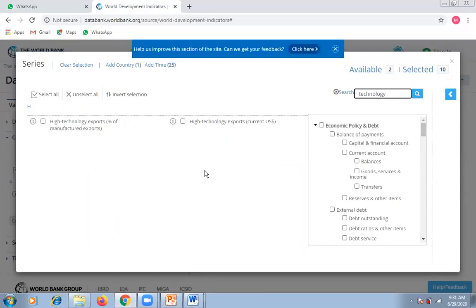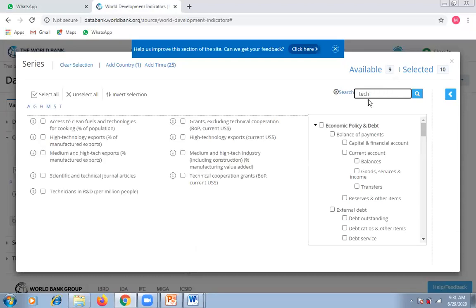Technicians in research and development. That is with human capital. Technicians in research and development. Technical cooperation group.